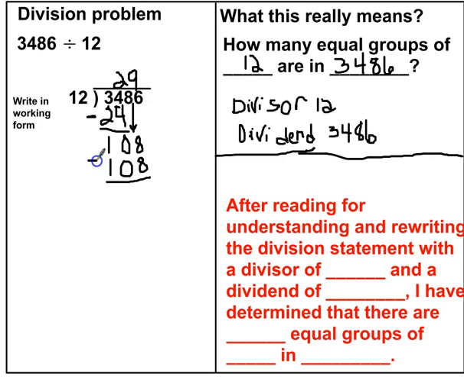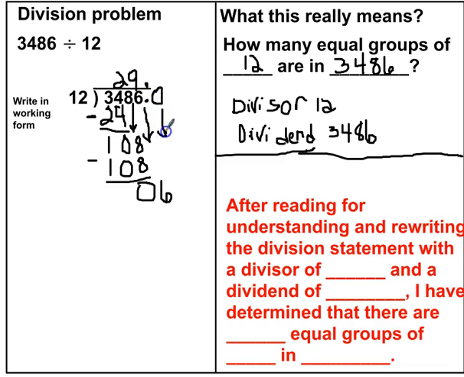I'm going to subtract 0, but I still have a 6. So I'm going to bring the 6 down. And 12 goes into 6? Well, it doesn't. So I know I want to continue this as a decimal. So I'm going to add a decimal point and a 0.